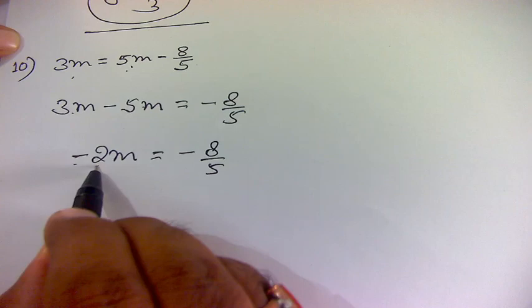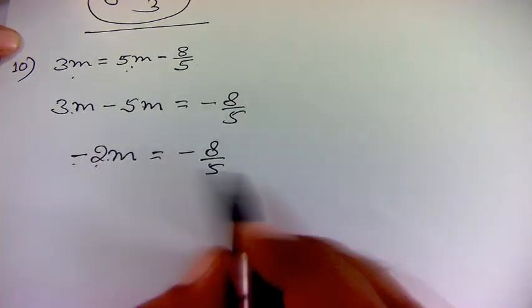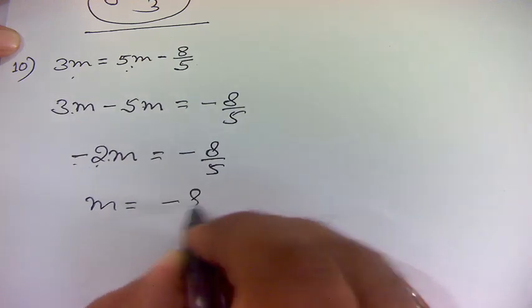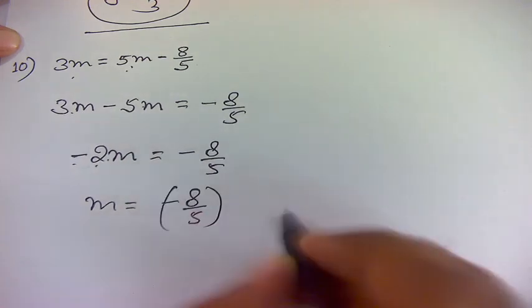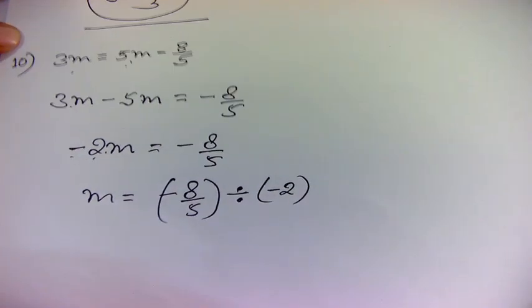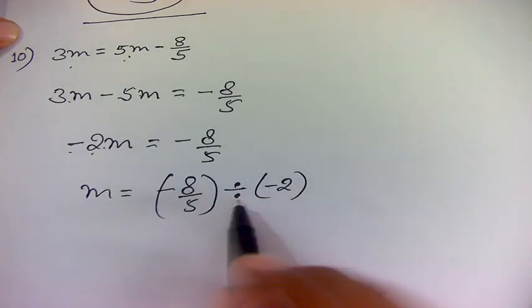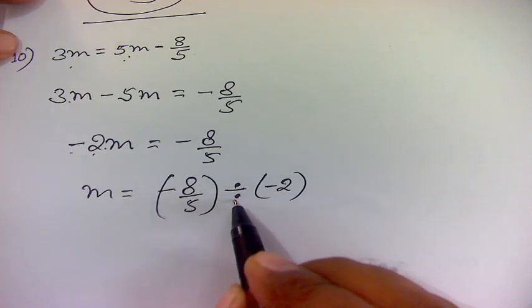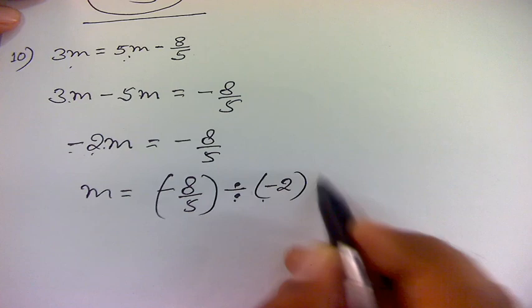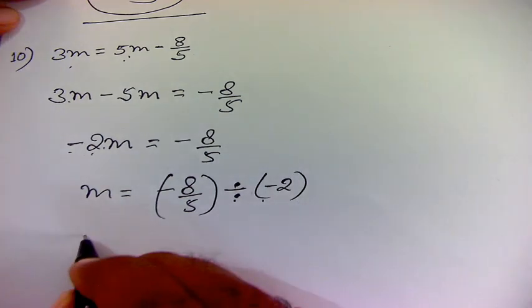Now this minus 2 being multiplied, when you shift it to the other side, it will be divided. So it will become like this, minus 8 upon 5 divided by minus 2. And when you write it like this, the sign of division will be converted into multiply, and you will take the reciprocal of minus 2.